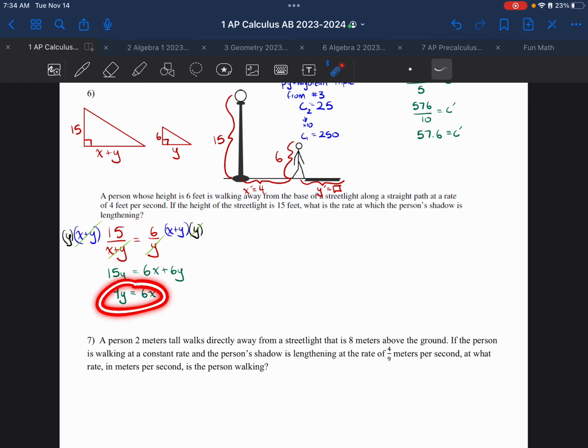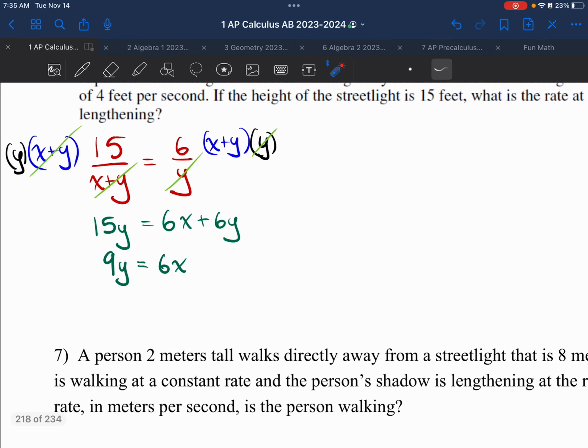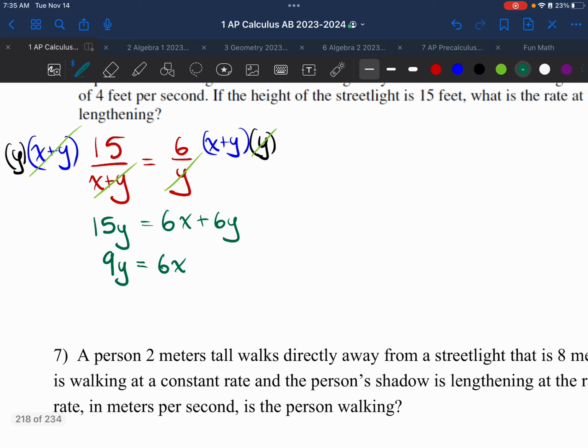We have a valid equation that relates this distance x and this distance y. We know that relationship. And I could simplify this a little bit, and we might as well. We can divide both sides by 3, and I get 3y is equal to 2x.